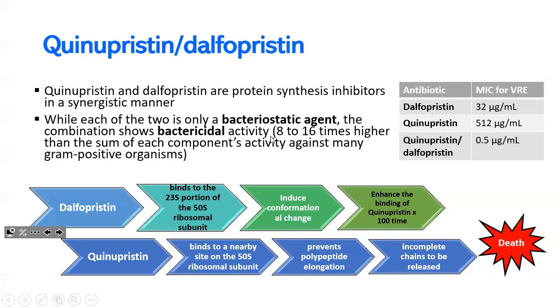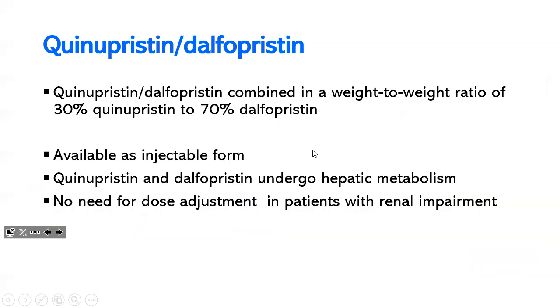The combination of the two agents drops to 0.5 microgram per ml. So this is a really big drop, and that reflects how the synergistic effect can be translated into numbers. This combination comes in a ratio of 30% quinupristin and 70% dalfopristin. They are available only in injectable form, and they are hepatically eliminated medications.